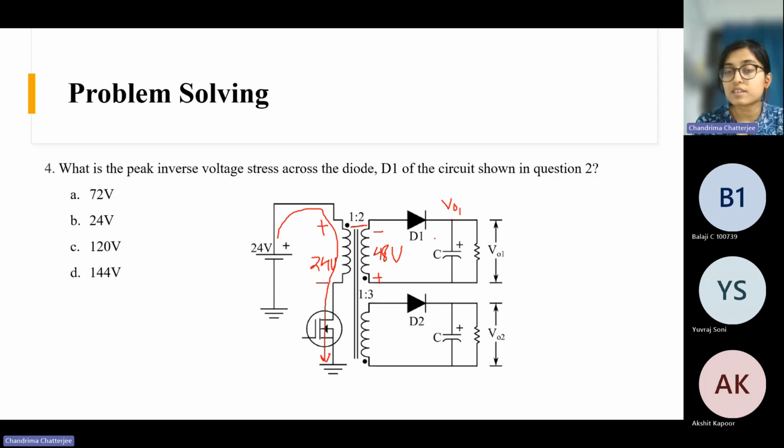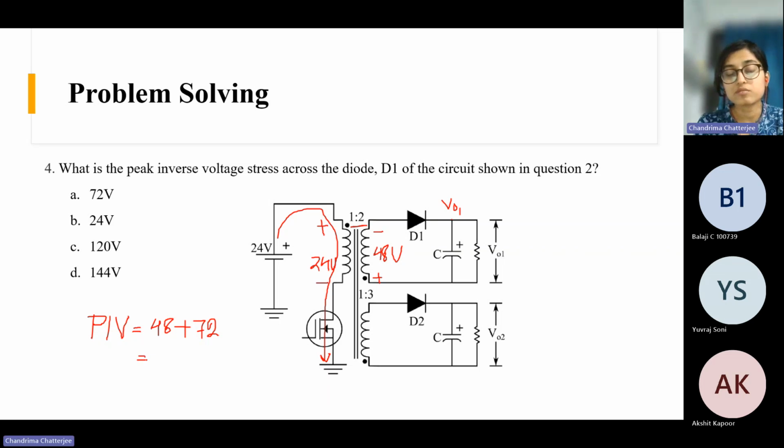If you consider this loop, the peak inverse voltage of the diode will be, applying KVL, suppose this is my diode voltage, plus here. If we just consider the magnitude, it will be 48 plus this output voltage, which was 72.